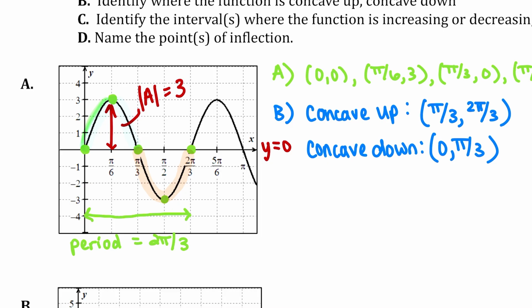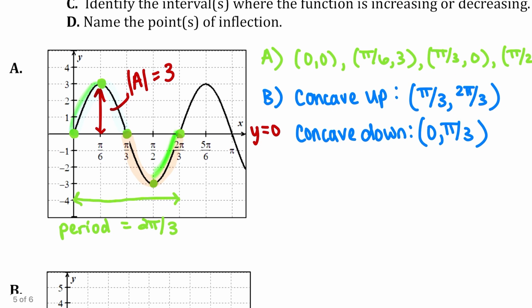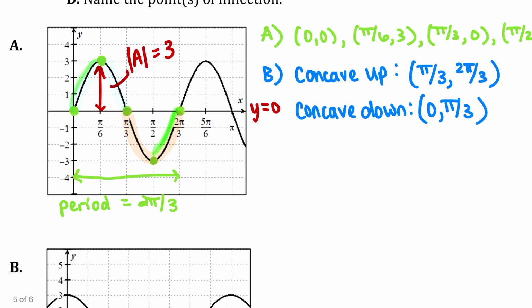But then from pi over 2 all the way up to 2 pi over 3 is where we're going back up again, for just the cycle of this function. Technically it does go up further, but we're ignoring that. So anything I didn't highlight is where we're going down.